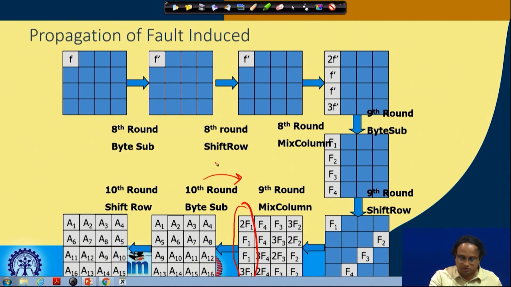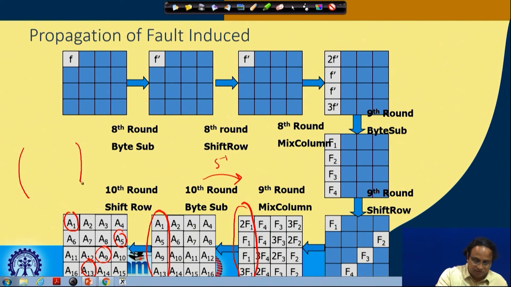So this is your S inverse, and you see that here you have these bytes involved: A1, A5, A9 and A13. Now because of the shift rows, this gets located to these positions A1, A5, A9 and A13. So your equations will be concerned with A1, A5, A9 and A13, but remember that in the cipher bytes, you have to concern yourself with these cipher byte locations.